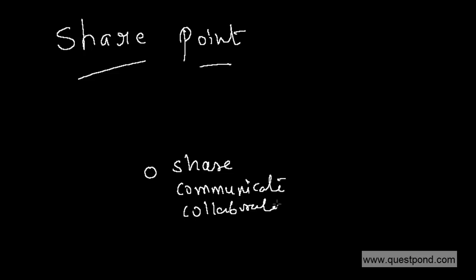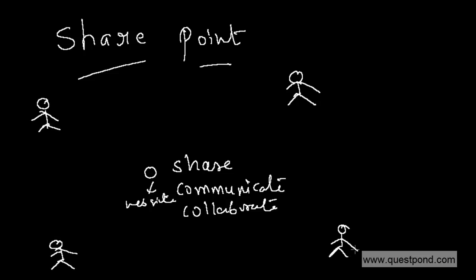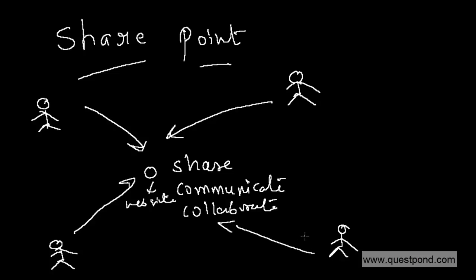Now, when I say central point, at the end of the day, this is a website, a central website, which can be an intranet portal or an internet portal. So, defining what is SharePoint: SharePoint at the end of the day is a platform, which can be used by your organization's people to connect, to collaborate, and to share data in a seamless manner.